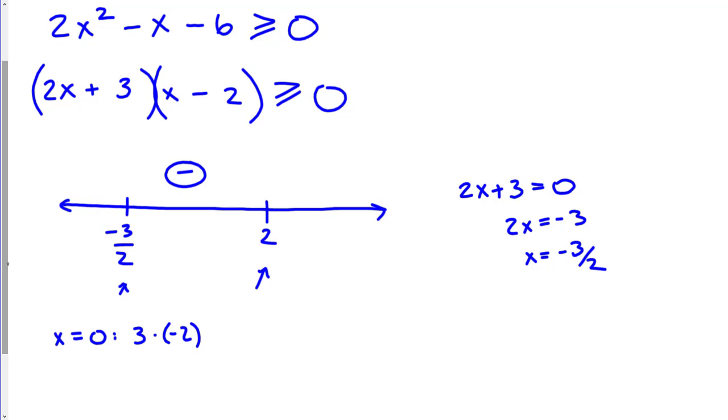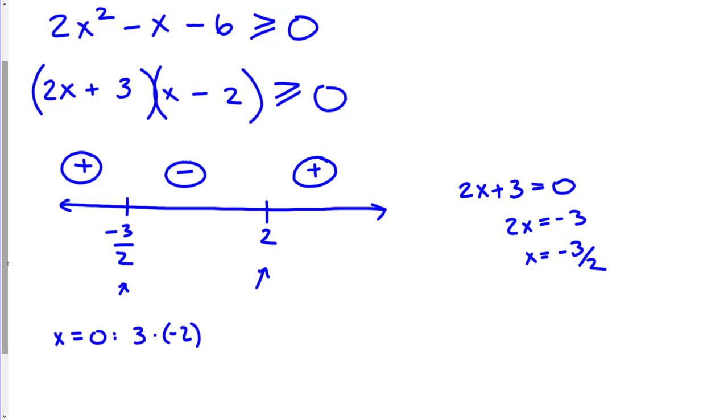Now, because the multiplicity of the zero 2 is odd, that means I would change signs going across that zero. And similarly, the multiplicity of the negative 3/2 is odd, so I would change signs there as well. If you're uncomfortable with determining that, you can always choose more test values and see for yourself.